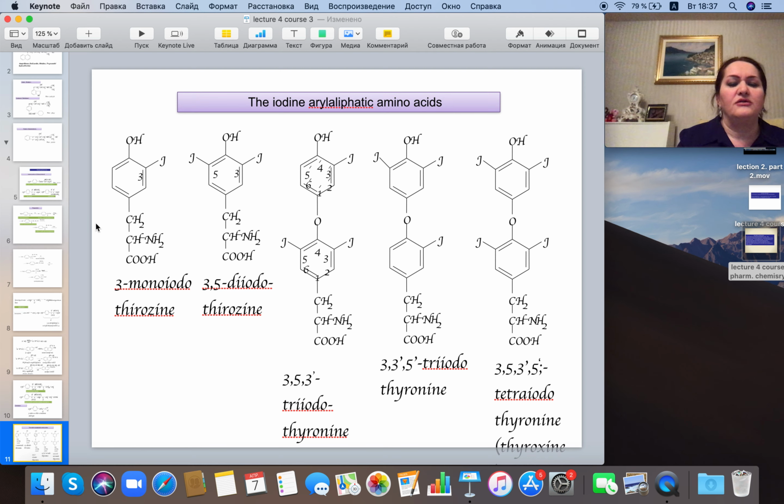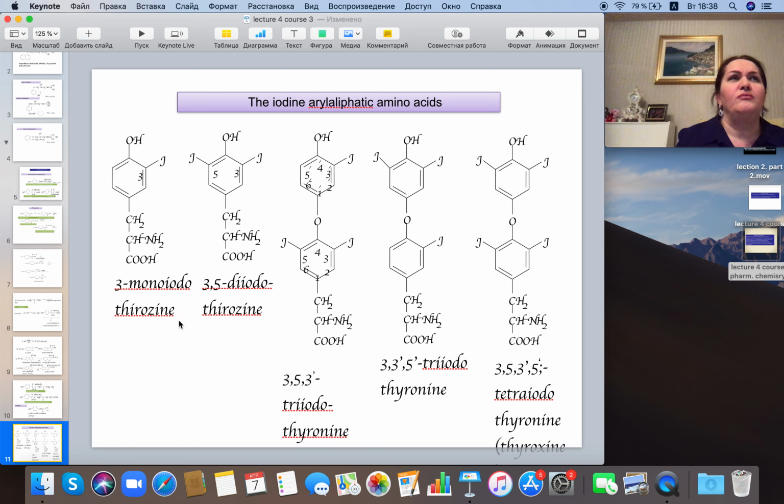You can see the different substances which have iodine, for example 3-monoiodotyrosine, 3,5-diiodotyrosine, and 3,5,3'-triiodothyronine, and 3,5,3',5'-tetraiodothyronine, or thyroxine. At the base of these preparations lies the amino acid tyrosine.